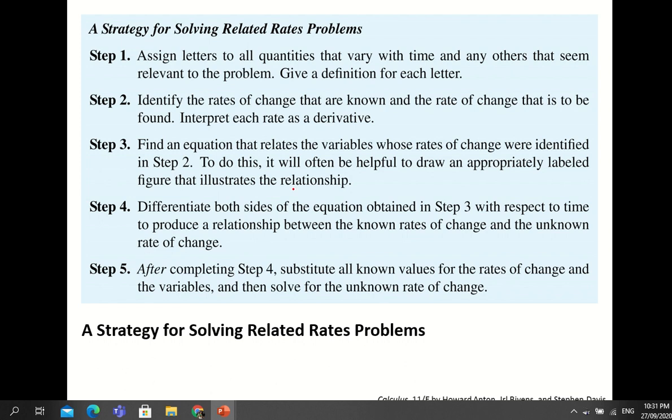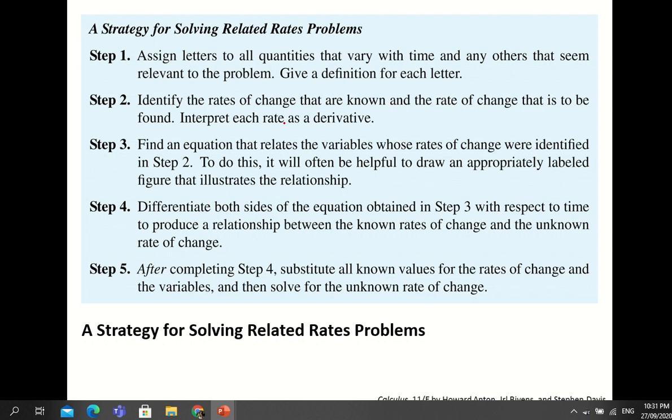So these are the steps that you are going to use. Step number one, assign letters to all quantities that vary with time and any others that seem relevant to the problem. Then give a definition for each letter. Step number two, identify the rates of change that are known and the rate of change that is to be found.